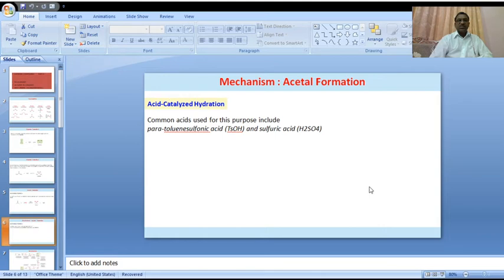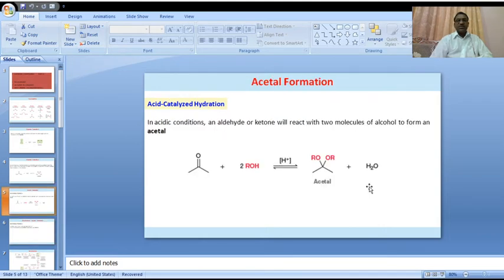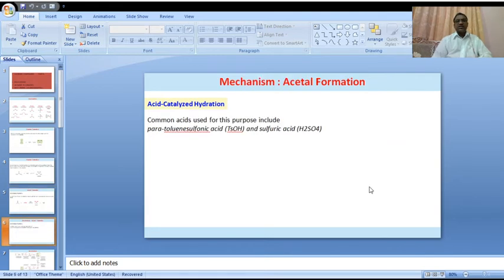In this acid catalyzed process, we are using an acid catalyst. Common acids used for this purpose include para-toluene sulfonic acid, general formula TsOH, or normal sulfuric acid, H2SO4.